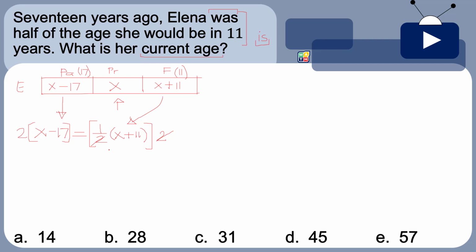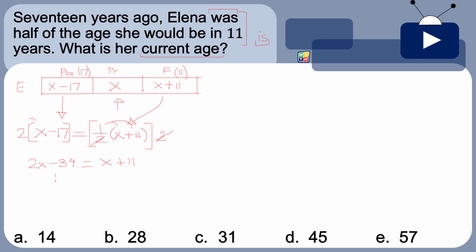If it's 1/7, multiply by 7 to cancel that. So by the distributive property, 2x minus 34 is equal to, cancel that, distribute 1, x plus 11. This is easier for me than dealing with a fraction. Of course, you can distribute 1/2 x and 11 halves, but then again, we have fractions, and it will be harder if we go further with the computation.